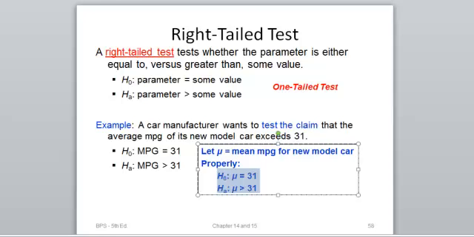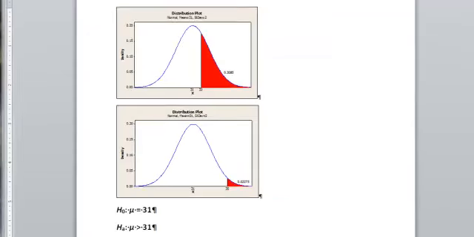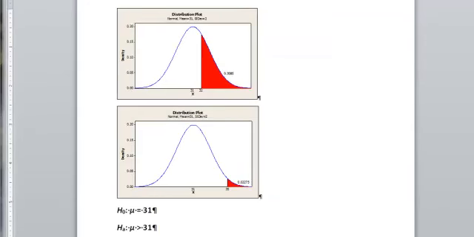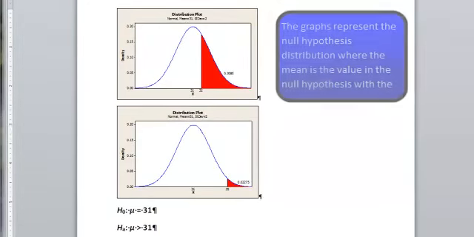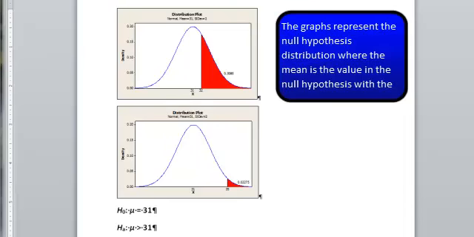So let's take a closer look at the right-tailed test. For this particular example, mu equals 31 is our null hypothesis, and we're testing to see if mu is greater than 31. What happens with the hypothesis test is this. The two distributions that you see are the null hypothesis distribution, and its mean is just what you see.